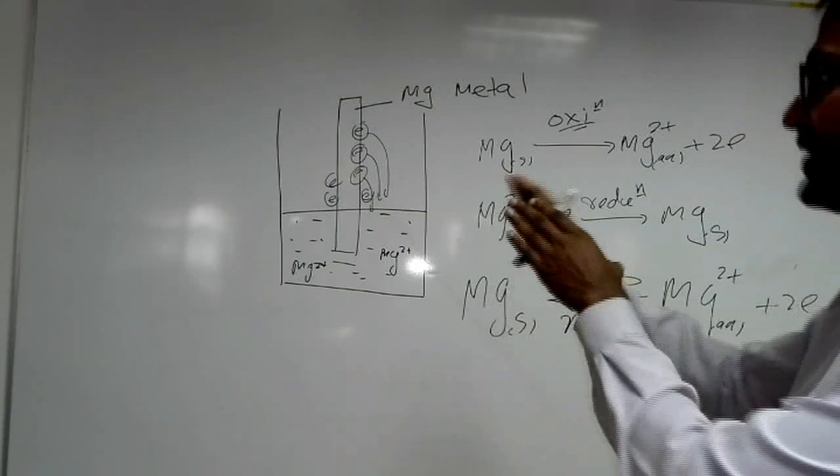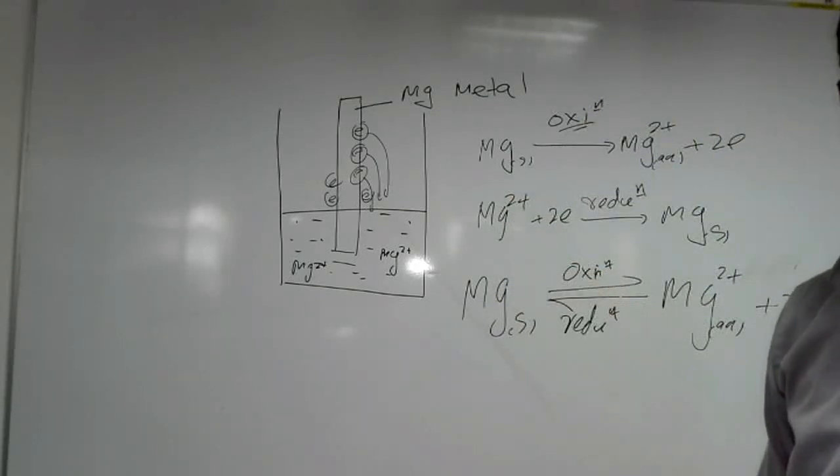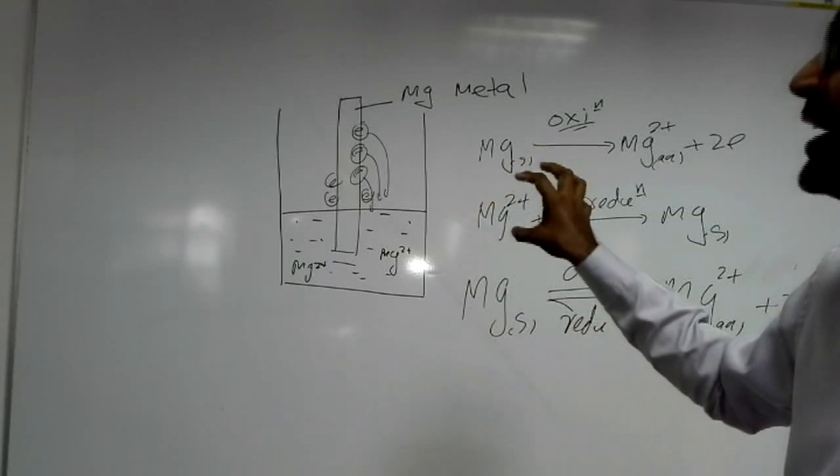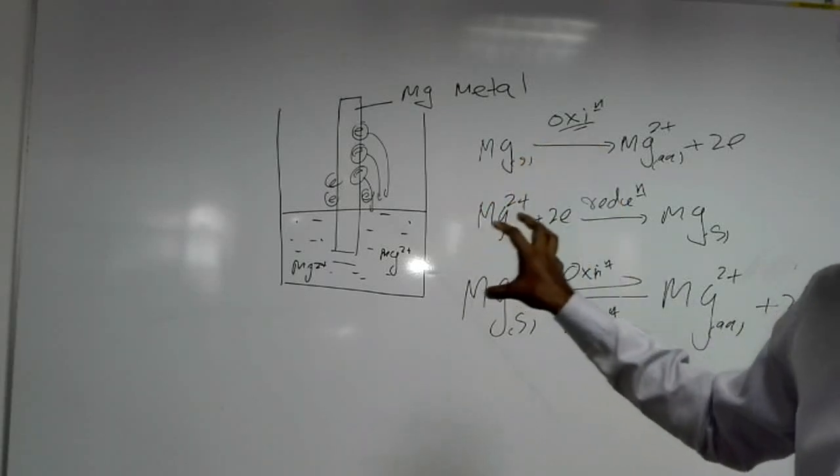This type of system, where an electrochemical equilibrium occurs, we call an electrode potential.